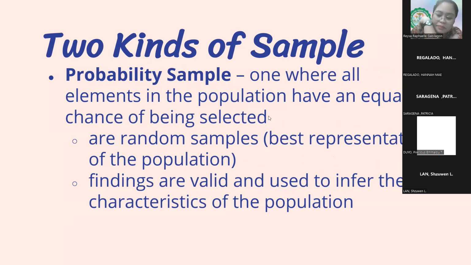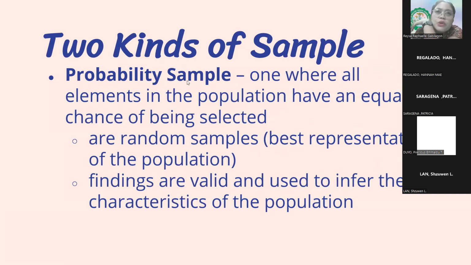Again, probability sampling technique is giving a chance to all the members of the population to be selected. This is where we get random samples, and random samples are the best representative of our population.